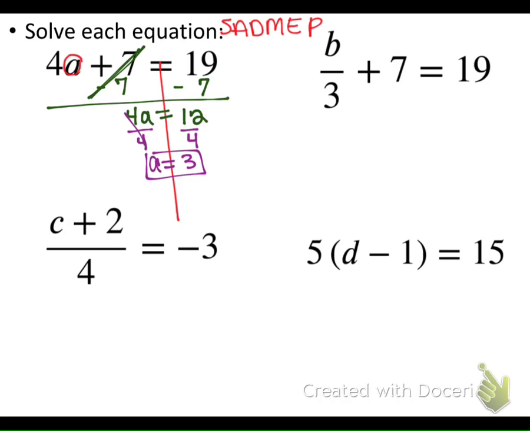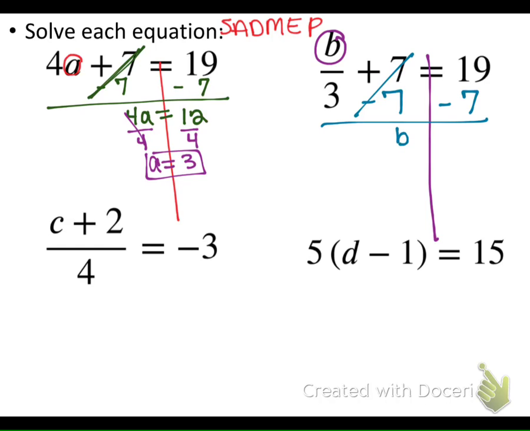All right, Jair. After I circle my variable and I draw my line of equality, what's the next step I do in order to get the variable by itself? Minus 7 on both sides. Okay. And what do I bring down on my left side? B divided by 3 equals? 12.